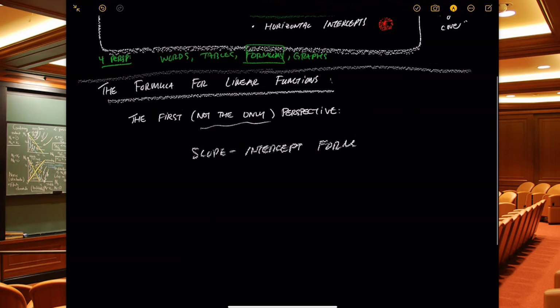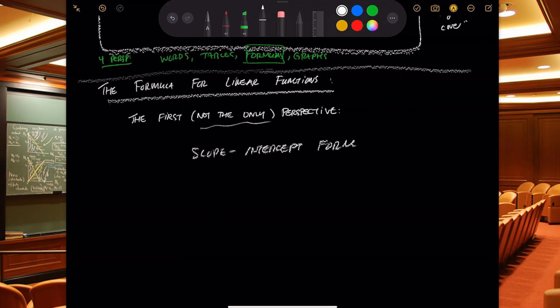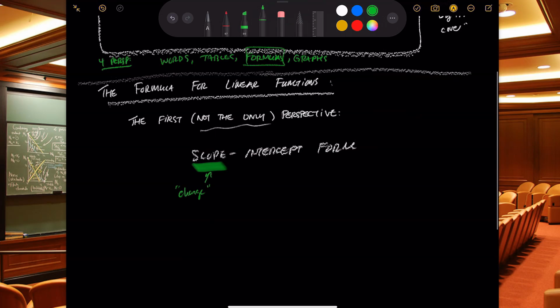Okay, and just right out the gate, I want us to be thinking of these things. That slope tells us the change, and the intercept tells us the starting point. So I'll give you an example to motivate this.